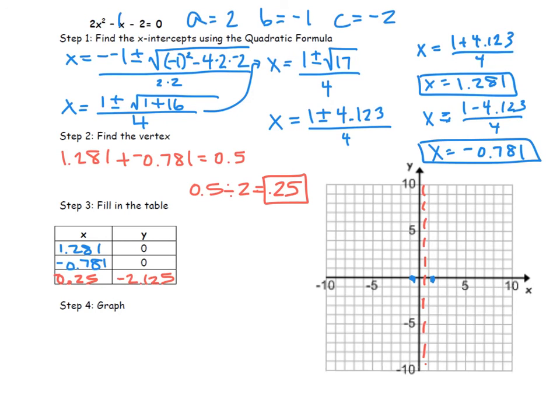That's going to be right in this region right there. And now we can draw our parabola. And I did miss that first x-intercept there. There we go. One of those lines is on there, right? Or curves, I should say. And there we go.